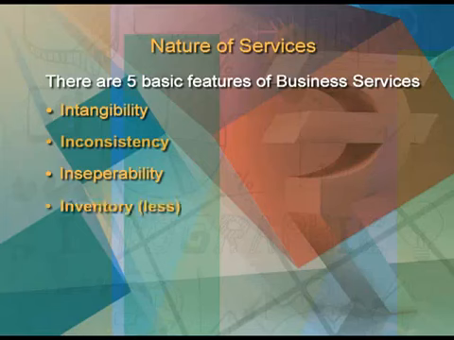Next feature is inventory-less. Services have little or no tangible components and therefore cannot be stored for future use. For example, services are perishable and providers can at best store some associated goods, but not the service itself.